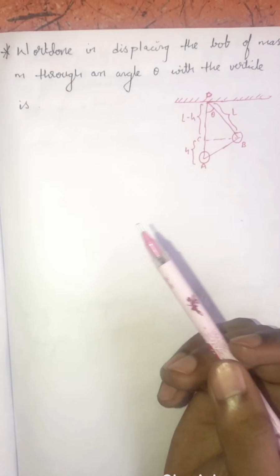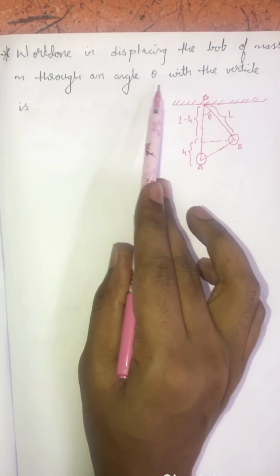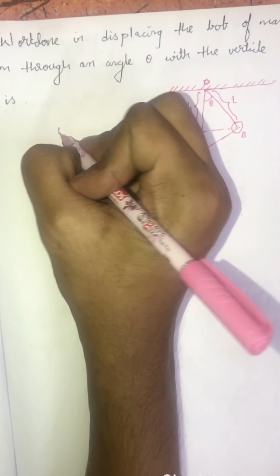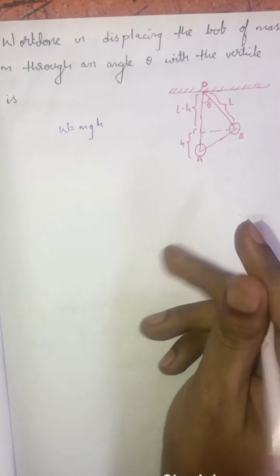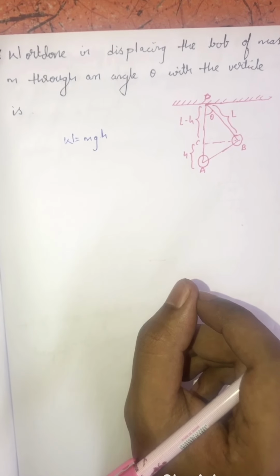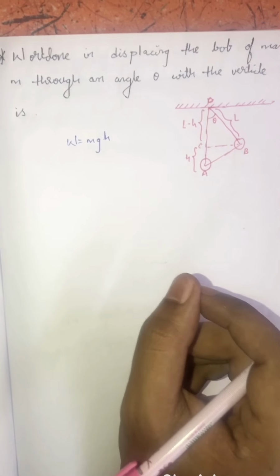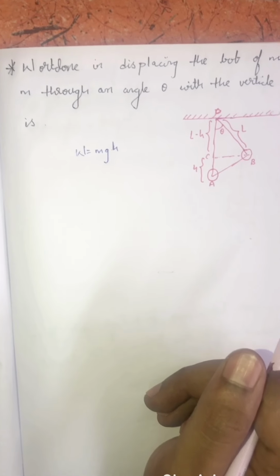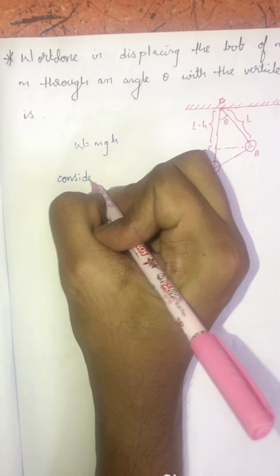Now let's see what will be the work done in displacing the bob of mass m through an angle of theta with the vertical. So as we know that work done will be equal to mgh, but if the questioner does not give the value of h but L is given, then what will be the relation between L and h? Let's find it out. Now let's consider the triangle OCB.